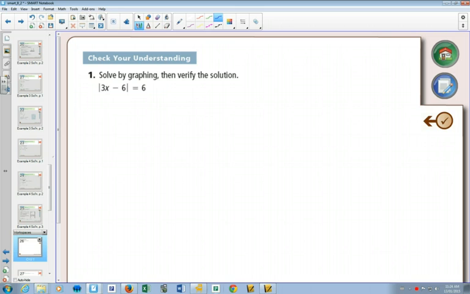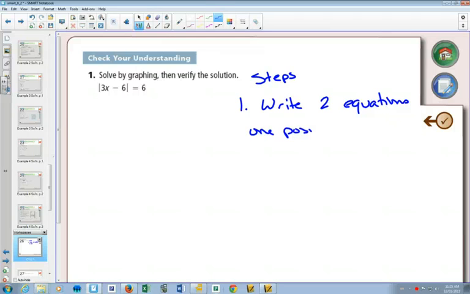So we often write steps down. For our steps, the first thing you're going to do is write two equations, one positive, one negative.